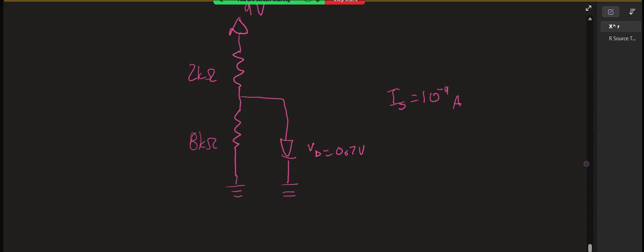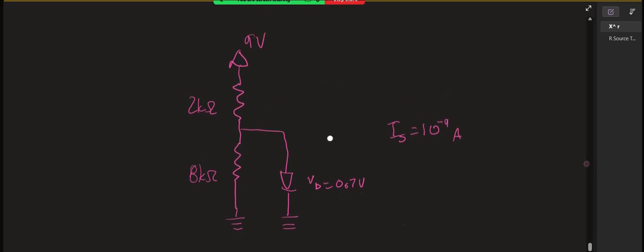If we do voltage division on the 2 kilo ohm and 8 kilo ohm over here, I get V right there.